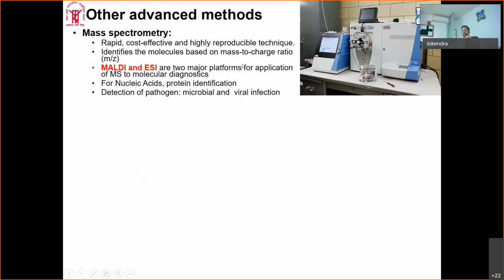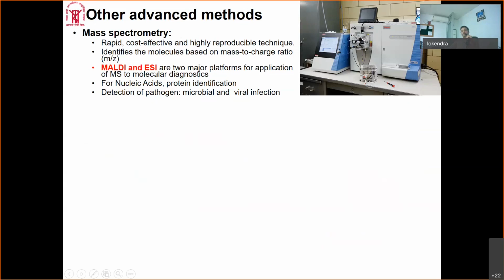These molecules, either a protein or a DNA or RNA, are first charged with some sort of ionization, and for ionization there are various platforms such as MALDI or ESI: matrix associated laser desorption ionization, and electrospray ionization. These are the two major platforms used for mass spectrometry.